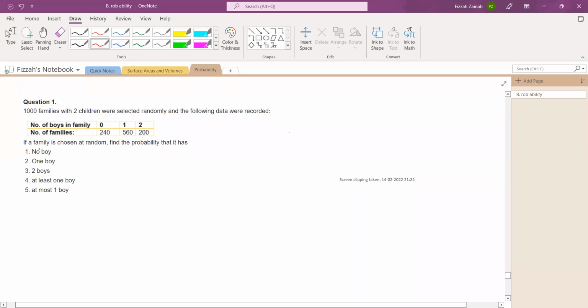Ma'am, first we'll write the total number of families. Very good, because you are selecting a family, right? So you require the total number of families. How many families are there? Ma'am, 1000. 1000, which is given. Okay, now first, find the probability that it has no boy. What is the answer?